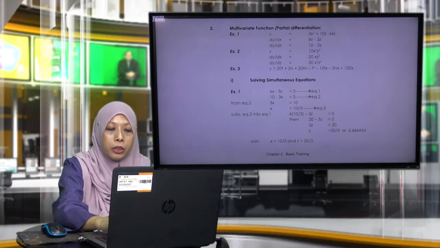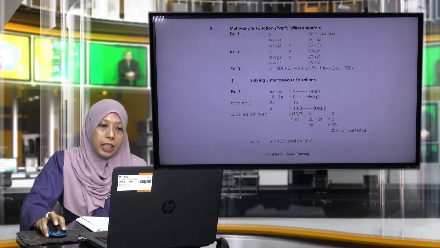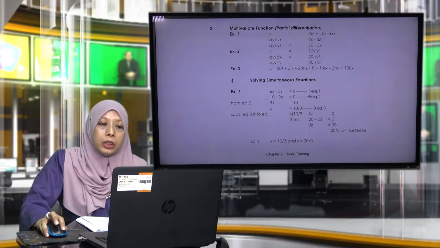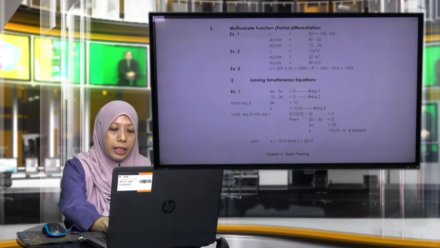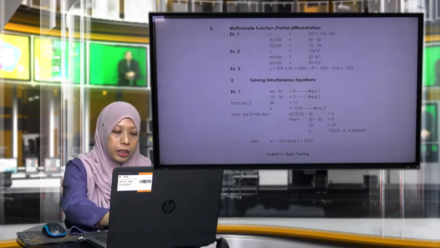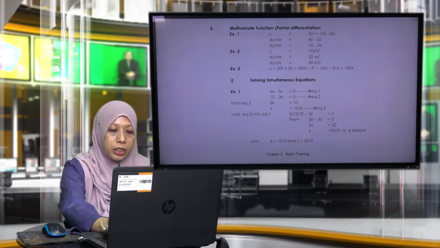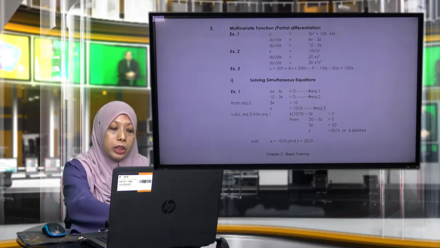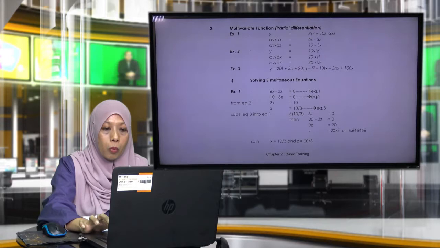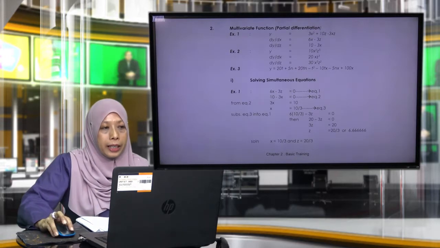Let's move on to the fourth subfunction. You have 3v squared and you want to differentiate with respect to v. Again, you need to use the power function rule. Bring down the exponent, write down the original function 3v squared, and the last thing you need to do is reduce the exponent by 1 unit. As simple as that.